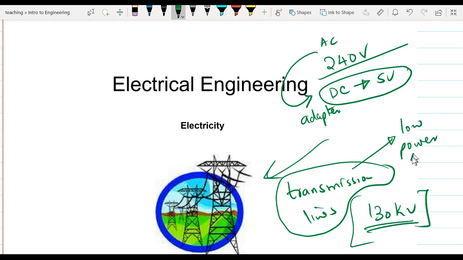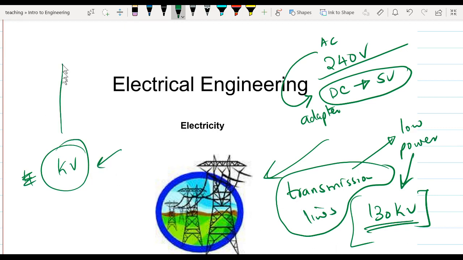At the generator station, the power might be generated at approximately 1,000 volts, but when it is transmitted, it is transformed to a higher voltage of about 130 or 120 kilovolts for transmission. That is what electrical engineering does. It is one of the aspects that engineering deals with.